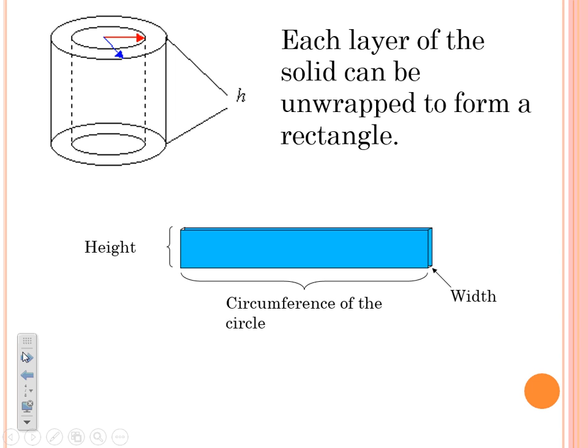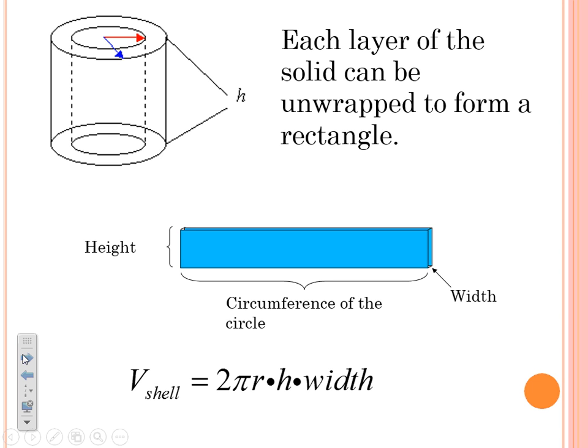How would we find the volume of this blue prism? Circumference times width times height. So essentially length times width times height, but our length is the circumference of our circle. So the volume of this shell is 2 pi r, the circumference, times the height times the width.